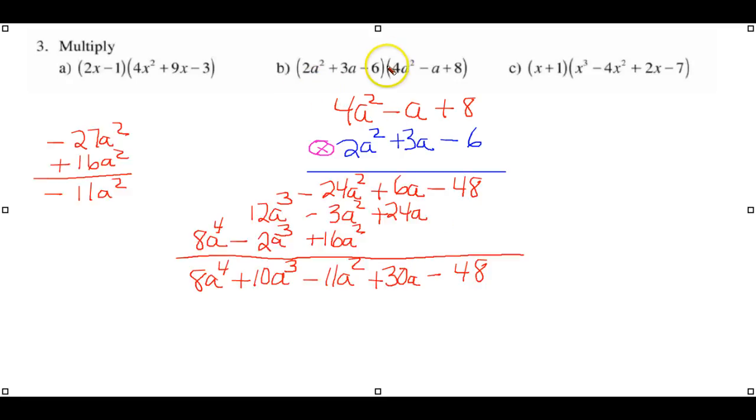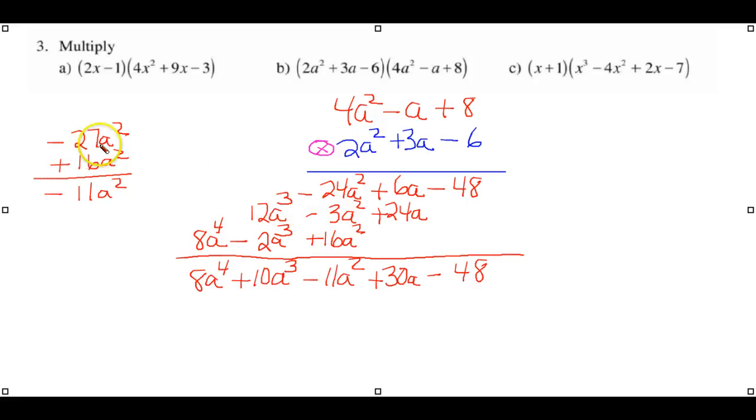Now, again, you would check carefully that you copied them down correctly, and then start your multiplication, watching the signs, and then being neat and orderly, having your like term columns. Now, I had a little difficulty here, so what I suggest is you add these two together.